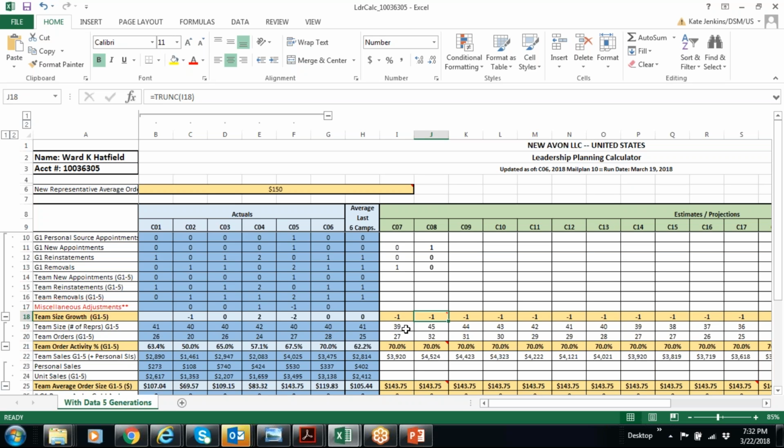Okay? Okay. So then what it does is it pre-populates all the way through. That's why you have to go through and enter your numbers. So the next campaign, you had 1 new person and 0 people falling off. So actually this one would be a 1 because you grew your staff by 1 in campaign 8, or your team.